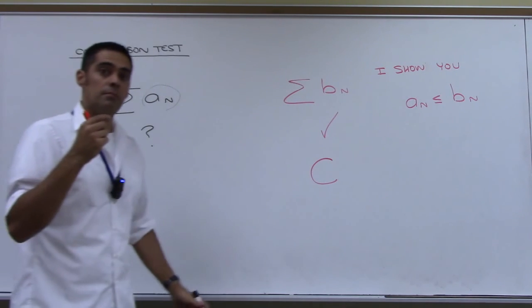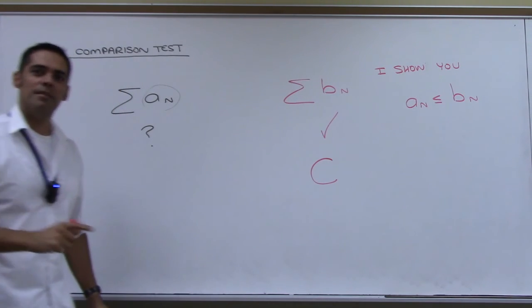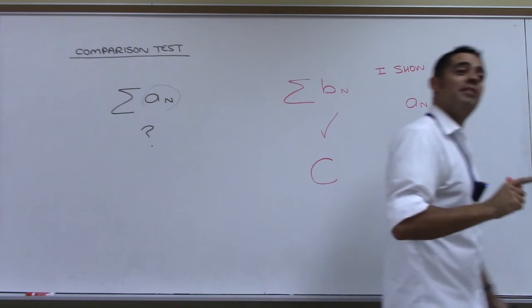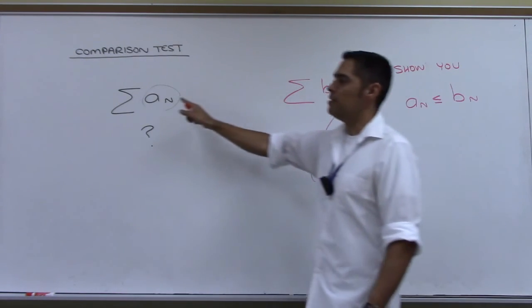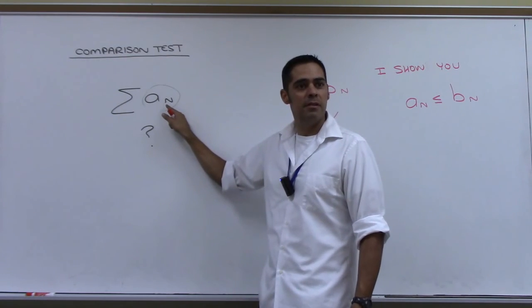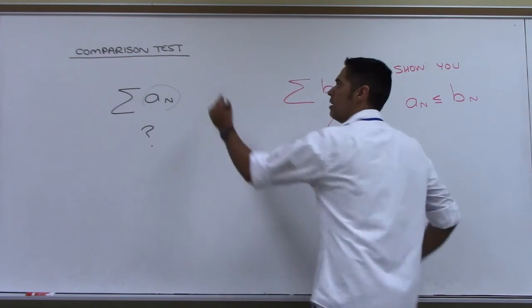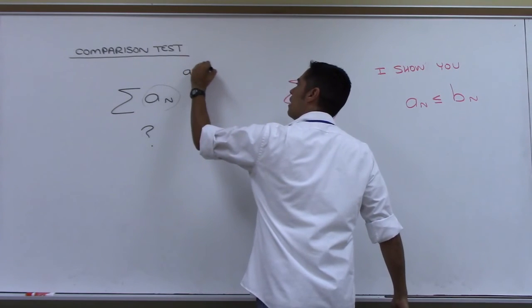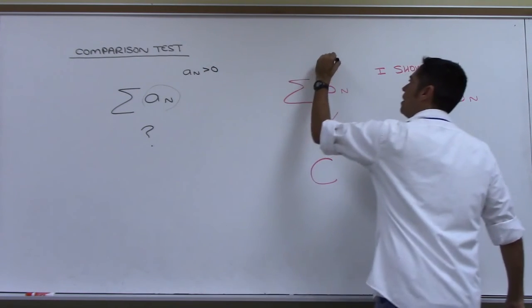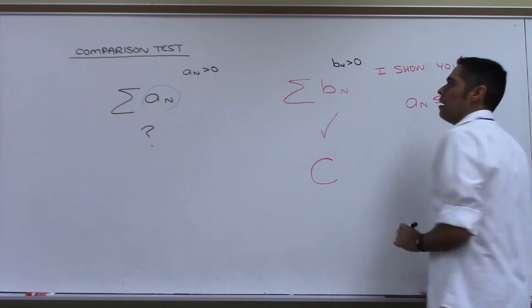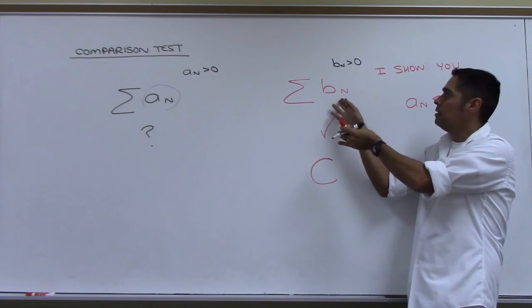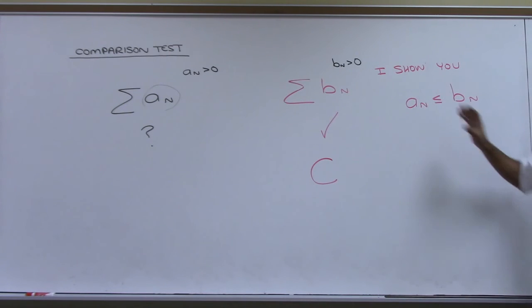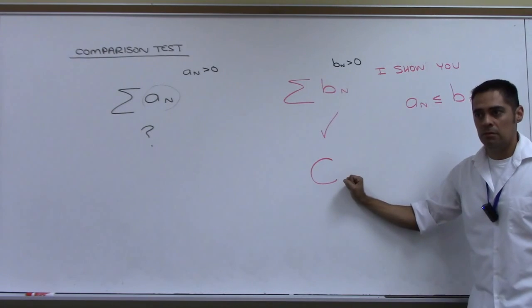What if it goes to negative infinity? So glad you asked. There is one condition on this test. We have to be looking at both of these being positive. So the assumption here is that A sub n is positive and B sub n is positive. So imagine I'm adding up a bunch of positive numbers, and I add them up and I get a number.